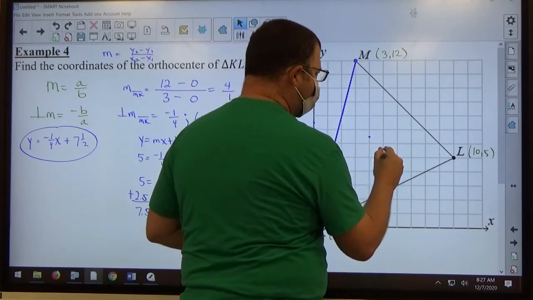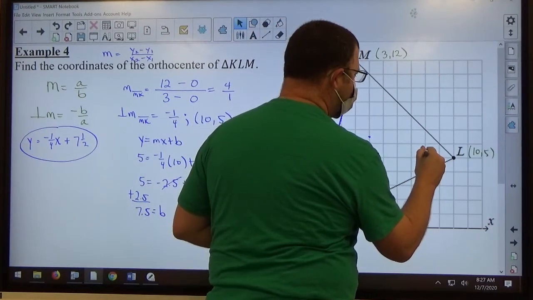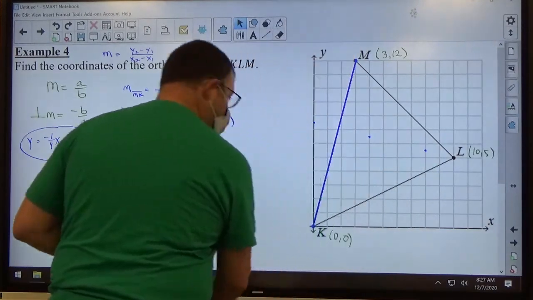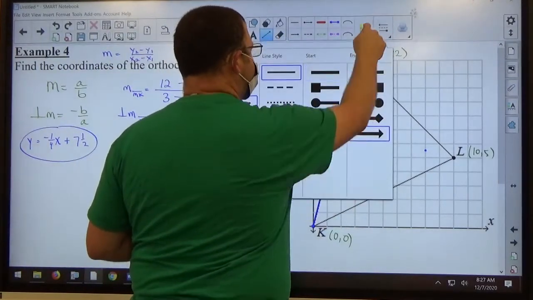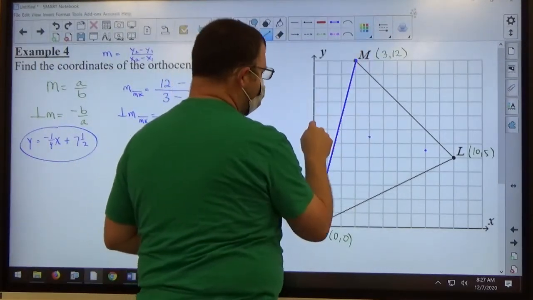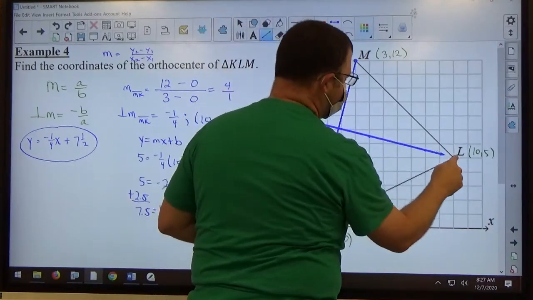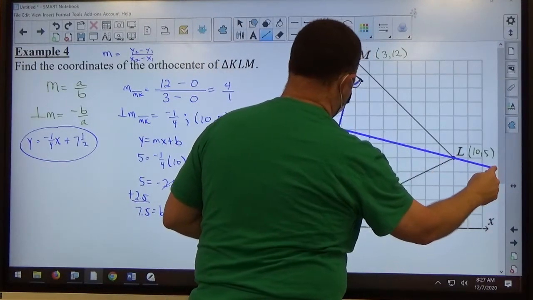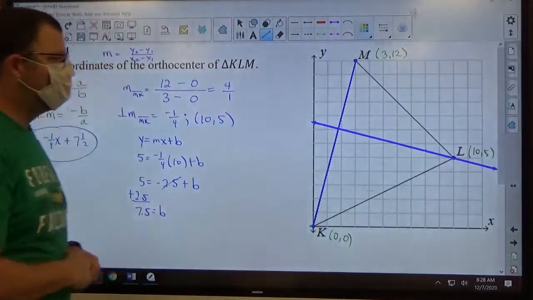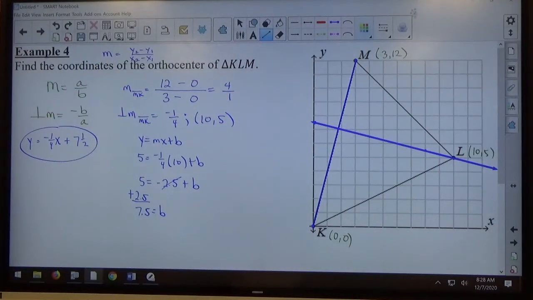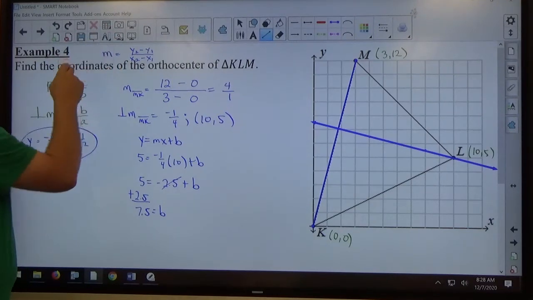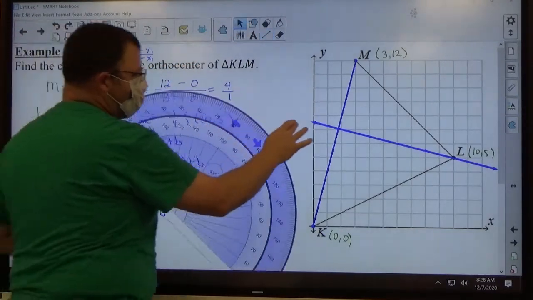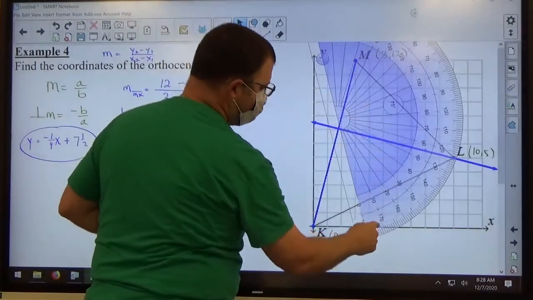Go down 1 and right 4, and eventually I'm going to get to L. If I connect those dots, that's the altitude of triangle KML that passes through L. And just to show you, as far as altitude is concerned, if I were to get a protractor and measure the angle here, it should be a 90-degree angle.